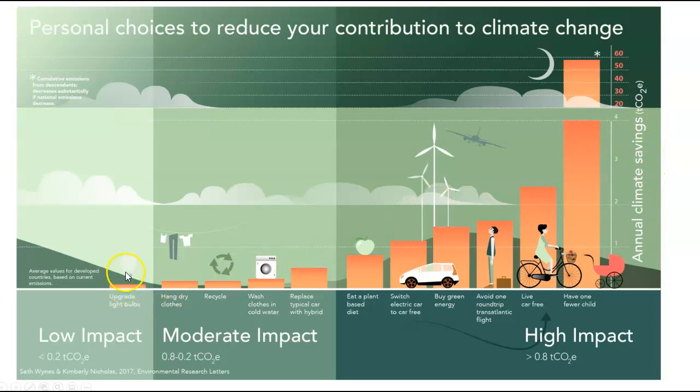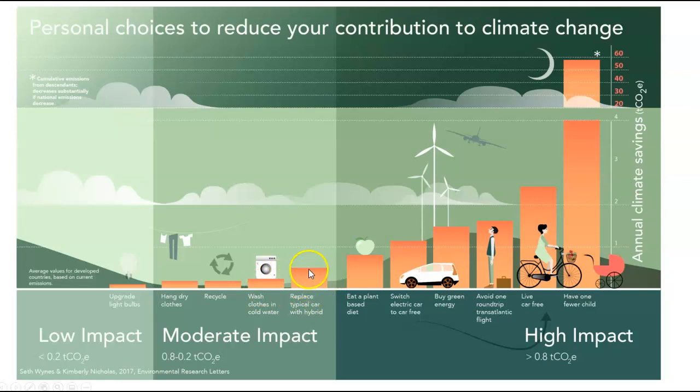So upgrading your light bulbs doesn't impact quite a lot. There is an impact, but it's low. Hang your clothes instead of using a dryer, quite low. Recycle. So instead of things ending up on a landfill where it produces methane, you save some there. Washing in colder water saves a little bit.